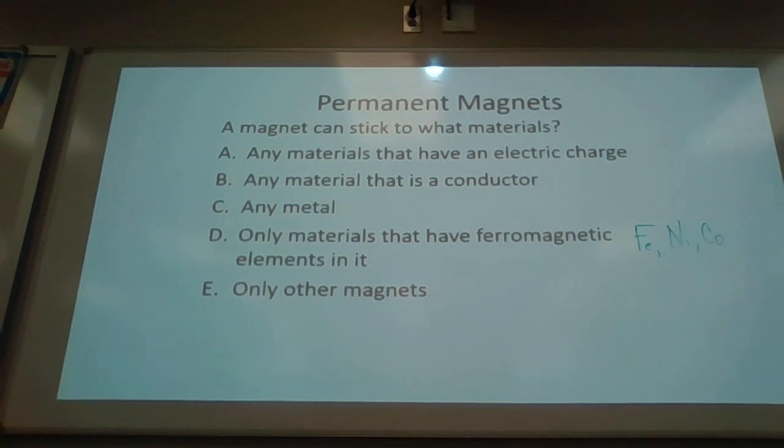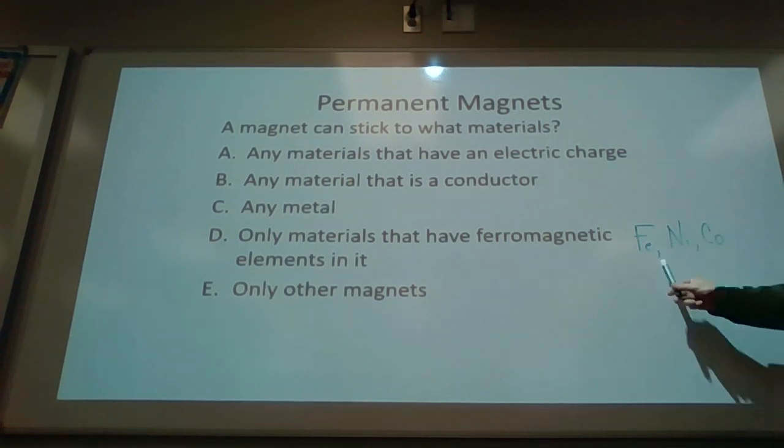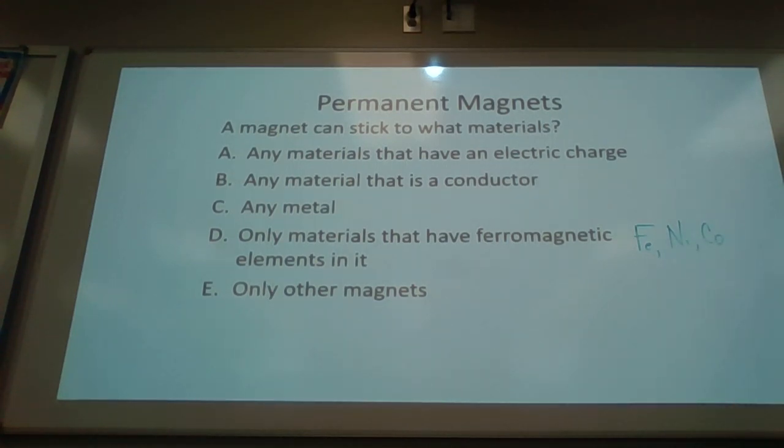So anything that has iron, nickel, or cobalt can be attracted to a magnet. Steel is by far the largest metal that we find around, and that's a compound with iron in it. So what about what's going to repel a magnet?